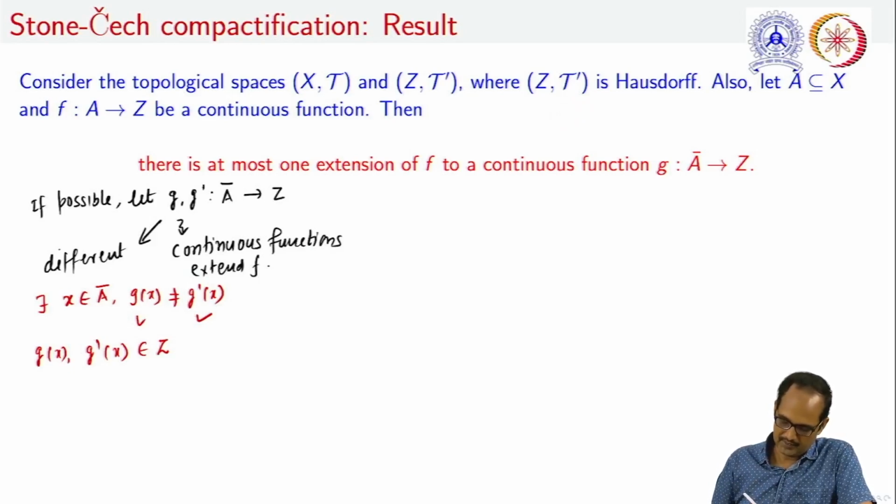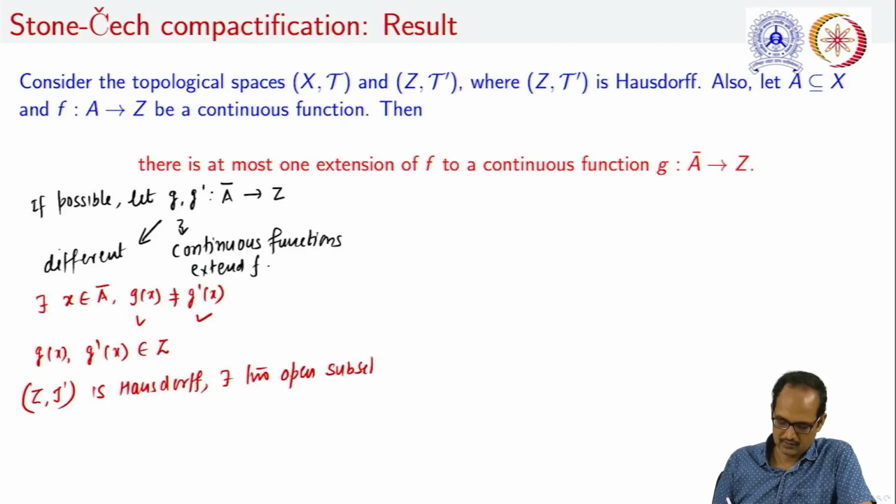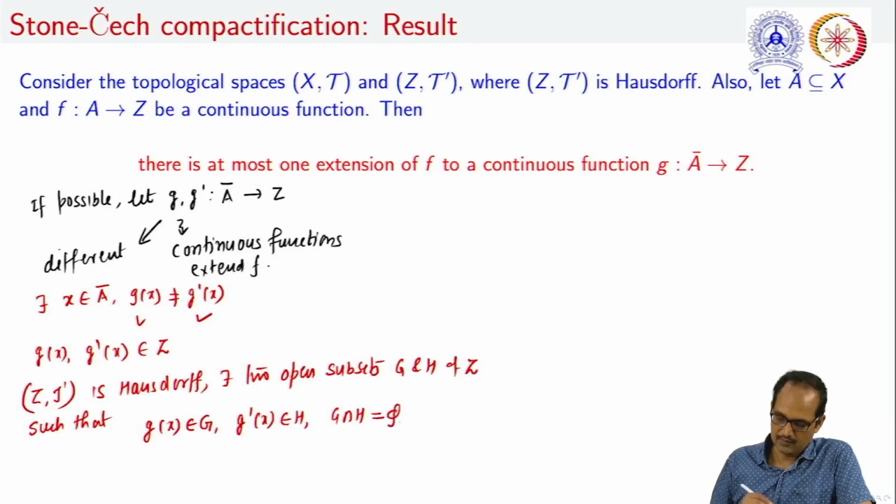Because Z with this topology tau dash is Hausdorff, we can conclude that there exist two open subsets of Z. So let us take these open subsets G and H of Z such that g(x) belongs to G, g dash(x) belongs to H, and finally G intersection H is the empty set.